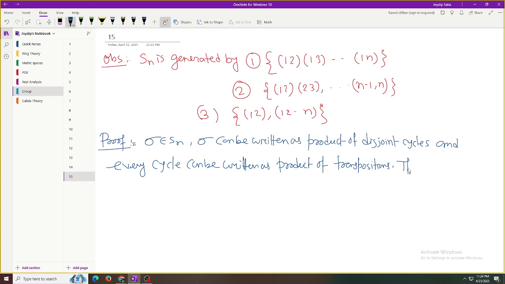Therefore any sigma can be written as a product of transpositions.